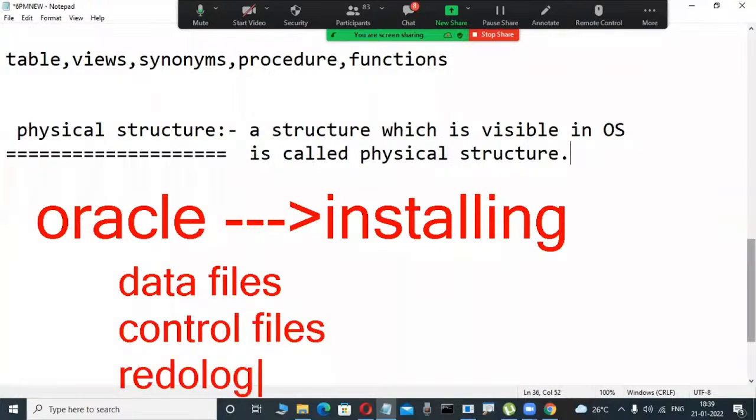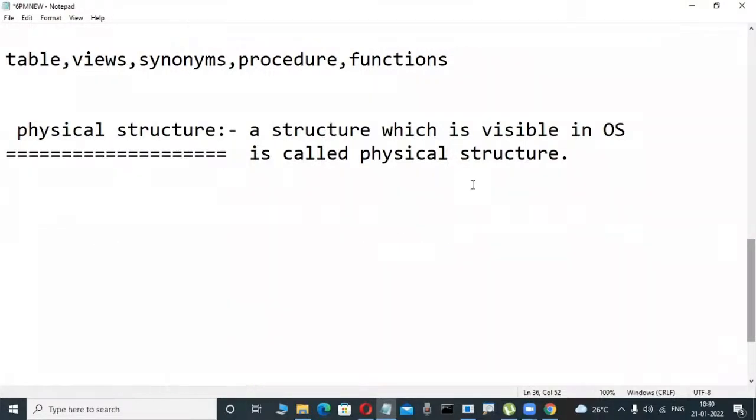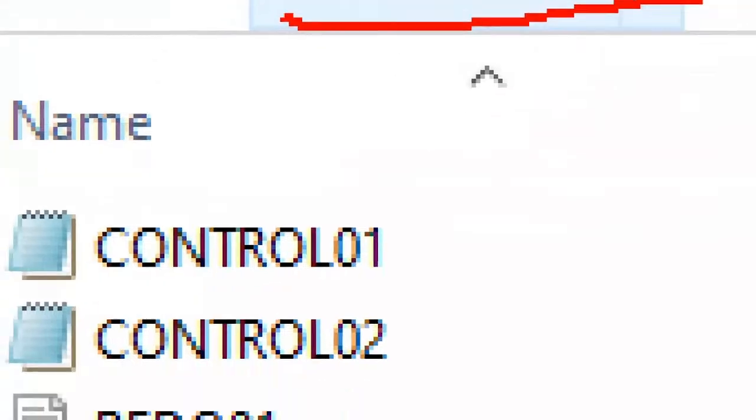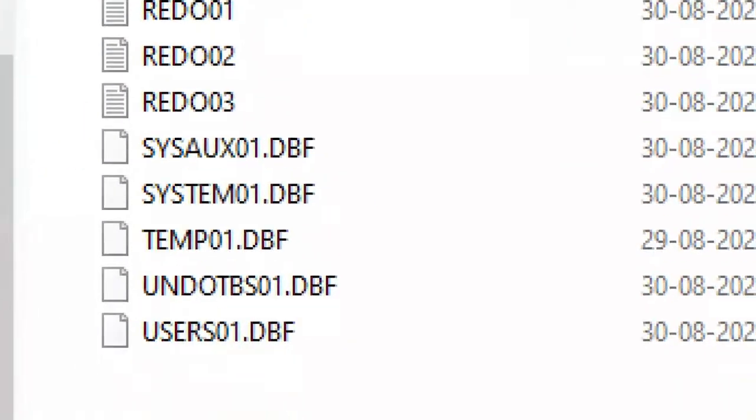You don't have an idea about these yet. In the future DBA concept, I'm giving only a rough introduction in our course. Whenever I install Oracle software, some files are created on the disk, in the C drive or D drive. These are data files, .dbf files.